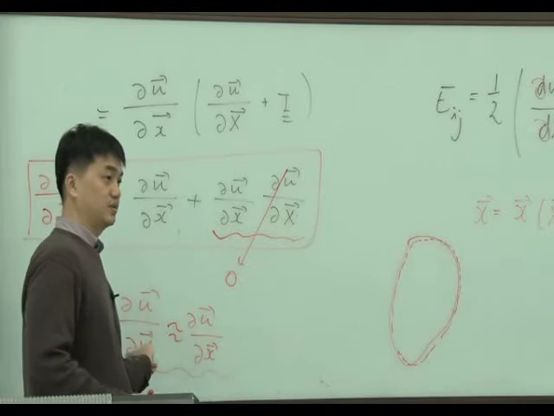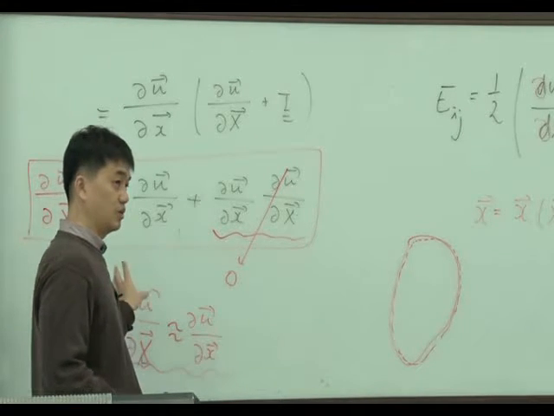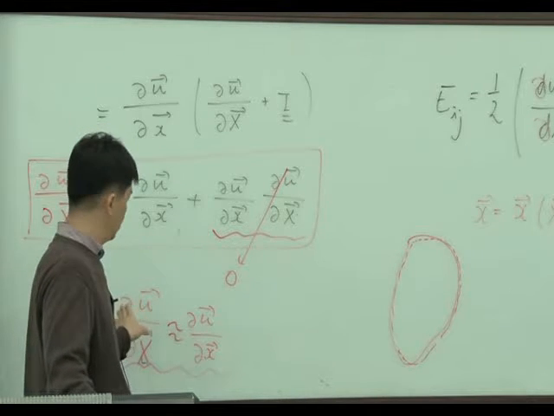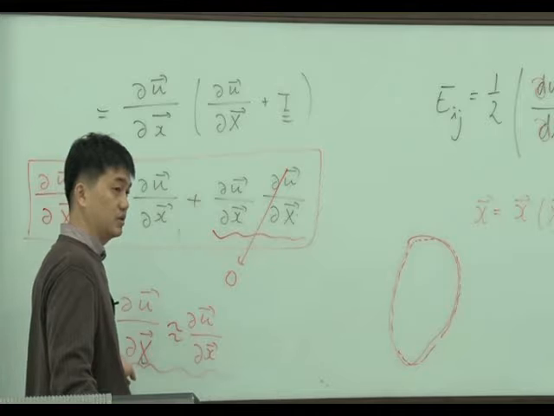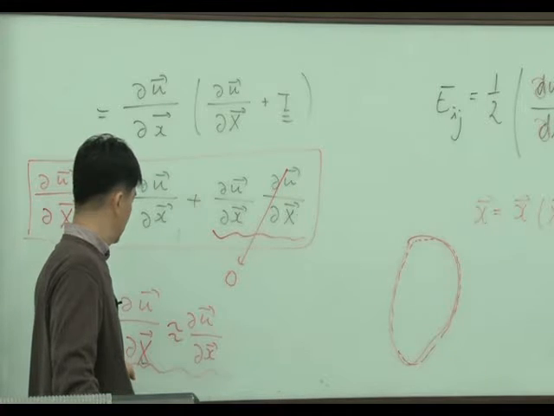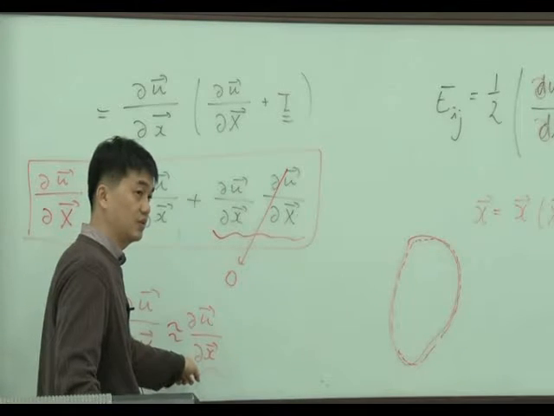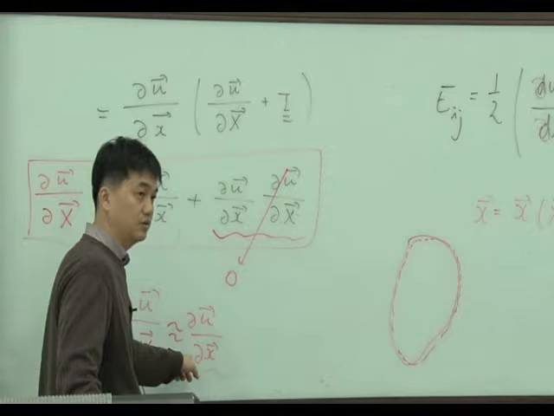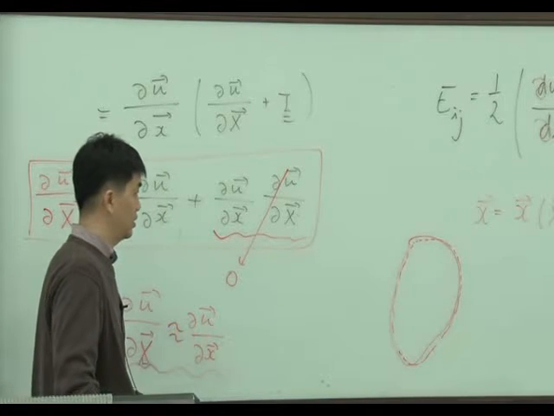So here the gradient of displacement u about the initial configuration, initial geometry, can be replaced by the gradient of displacement about the current geometry. Okay?